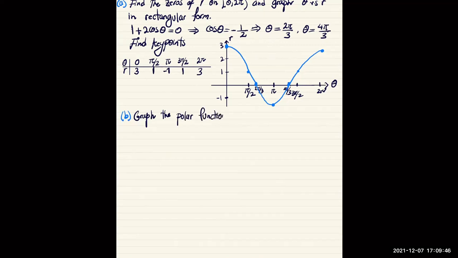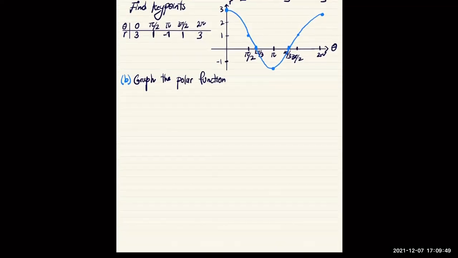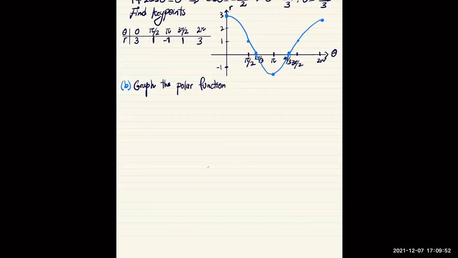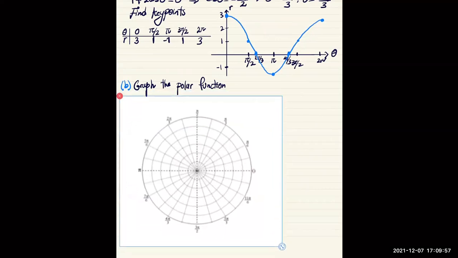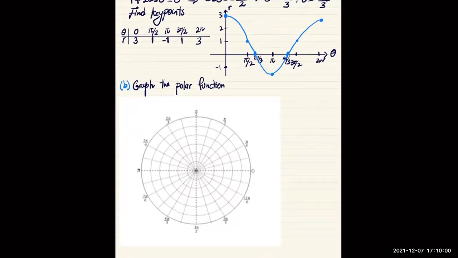And this is where you really, really need to pay attention, guys. As long as you understand this, then the procedure is super easy. So here's what's happening. As theta, look at your theta, goes from 0 to one of the key points, pi over 2, we're talking about this part of the graph.